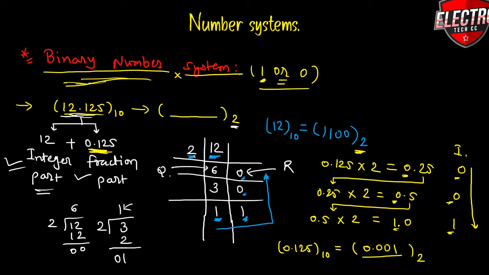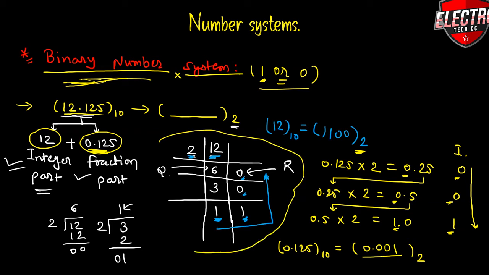To convert a decimal number into the binary number system, you have to divide the given number into two parts: the integer part and the fraction part. To convert the integer part, use the method of dividing by 2 and note down the remainders from the bottom side to the upward side.